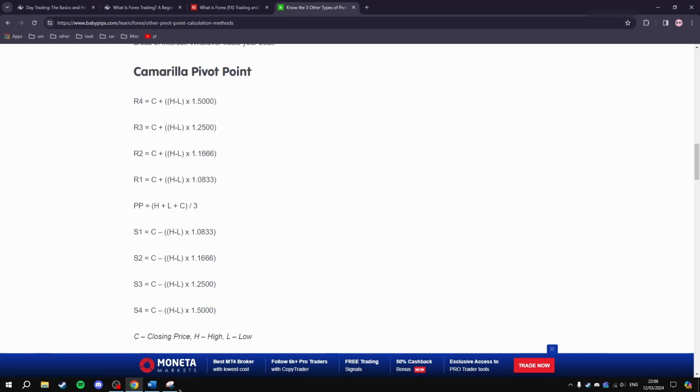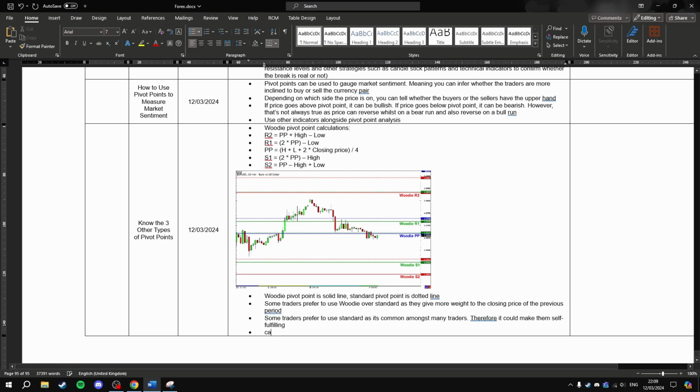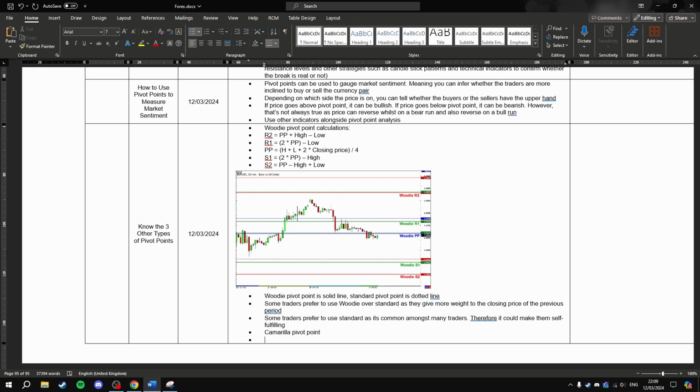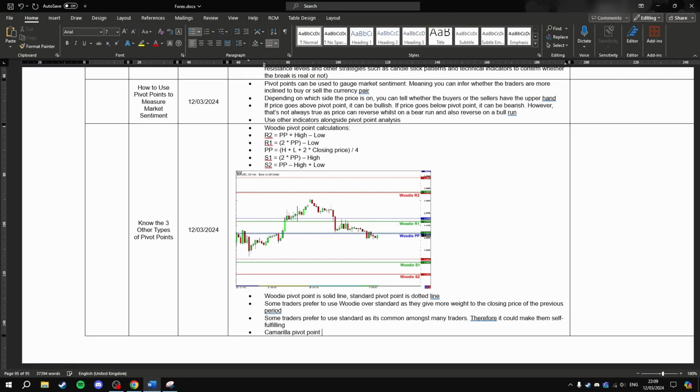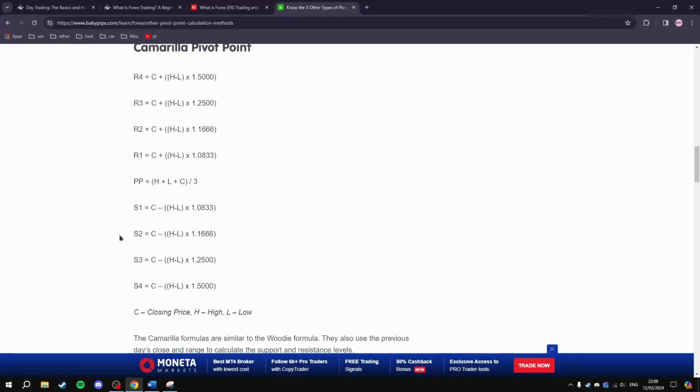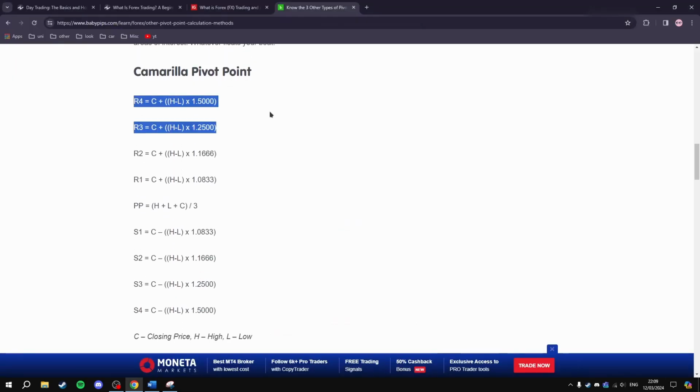Camarilla pivot point calculations. So it seems that there's four levels of support and resistance.